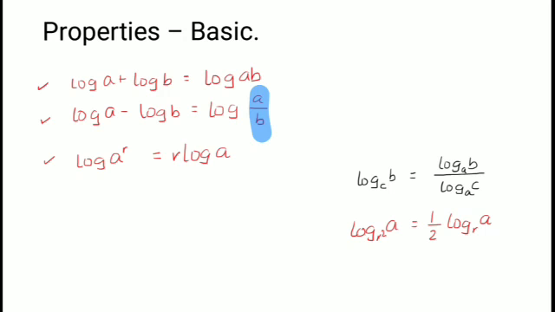So log a minus log b will be equal to log a by b. And if there is log a to the power r, an exponent of r, then this r will come right at the beginning. So log a to the power r will be nothing but r log a. These three are the most basic properties of log.